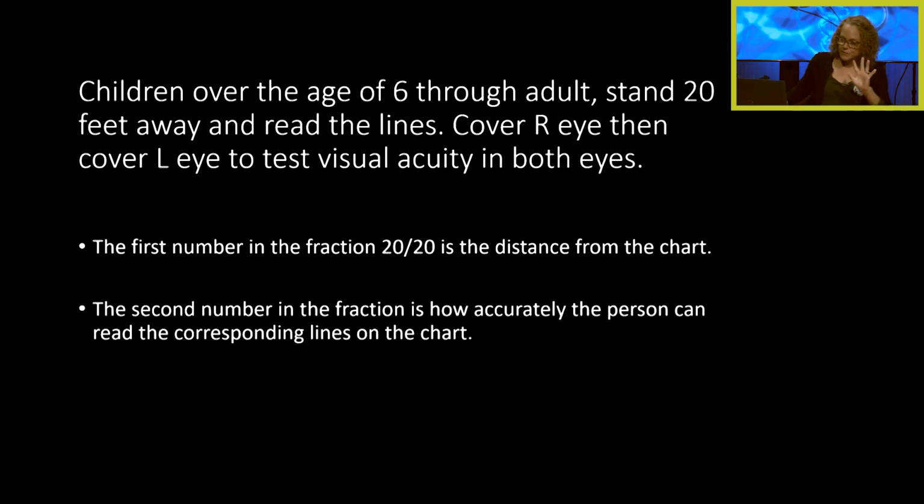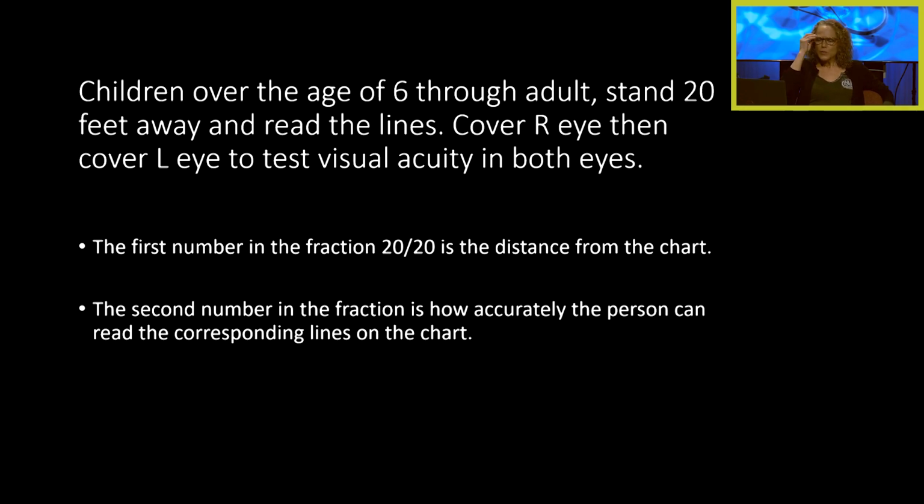So let's kind of define things a little more here. Children over the age of 6 through adults stand 20 feet away and read the lines. And we cover the right eye and then we cover the left eye to test the visual acuity in each eye, right? So the first number in the fraction, when we say 20/20, is the distance that the subject is standing from the chart.